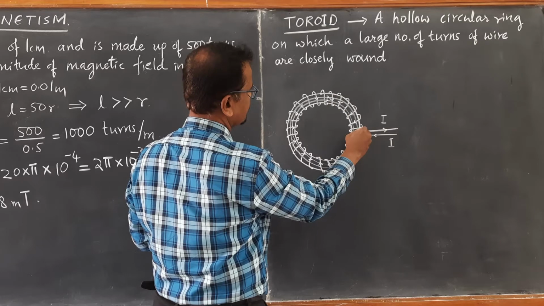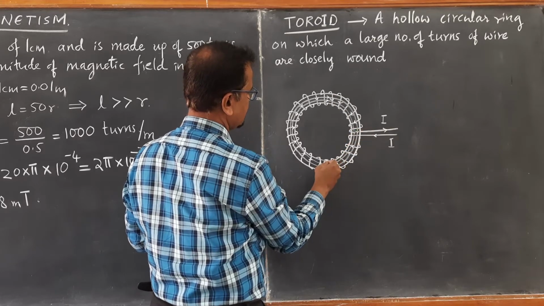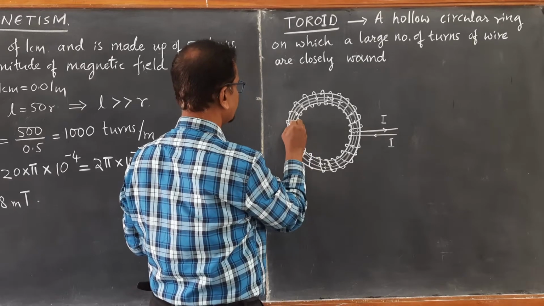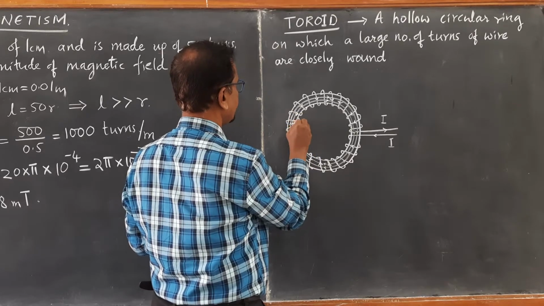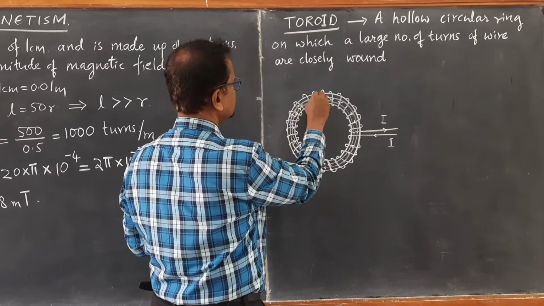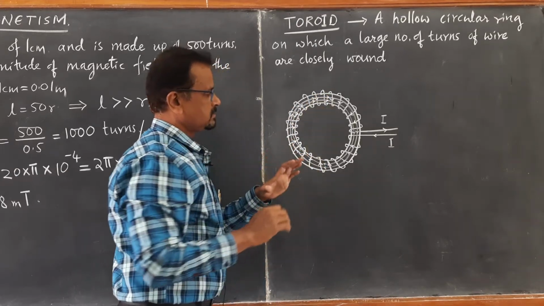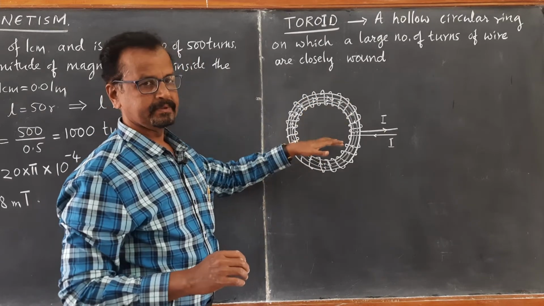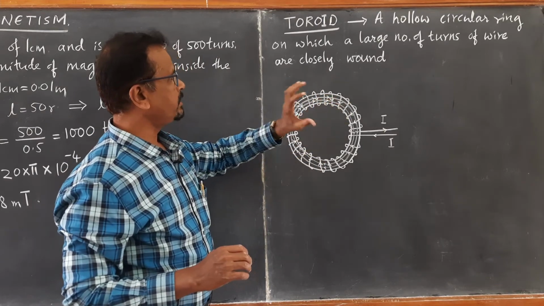So the magnetic field lines here you can see they are anti-clockwise. So wherever the confinement of magnetic field lines is required, which is of this circular shape, there the toroid is being used.